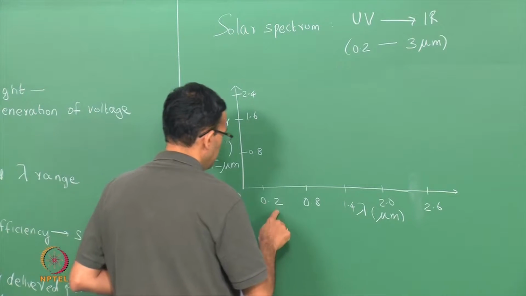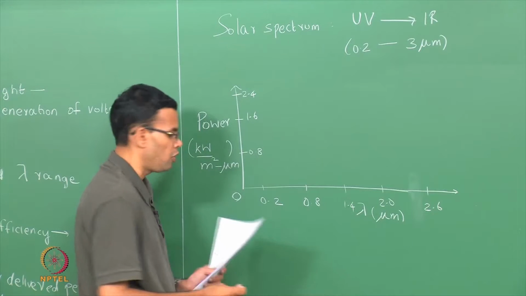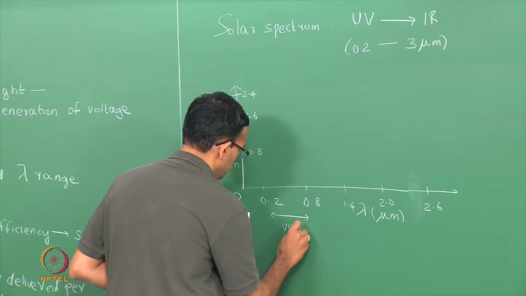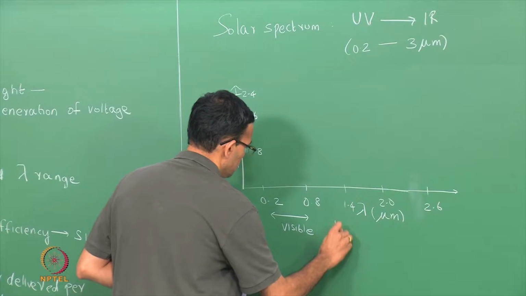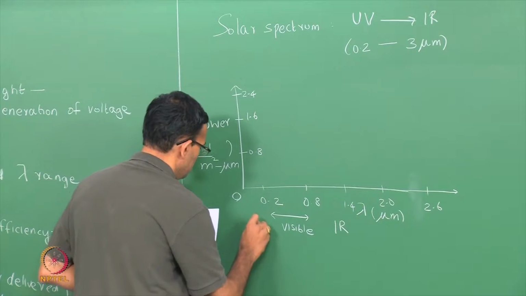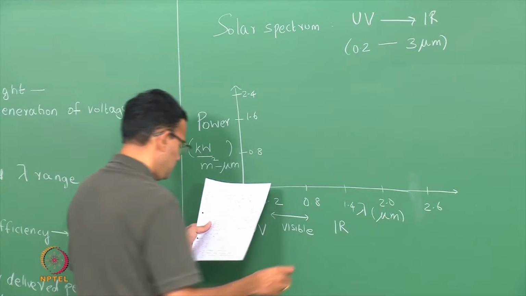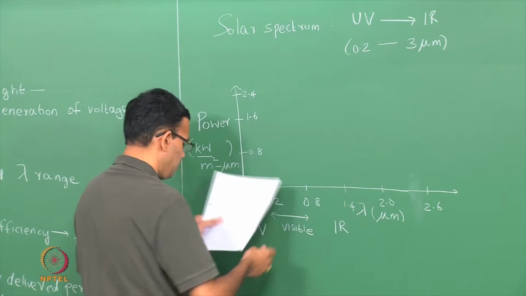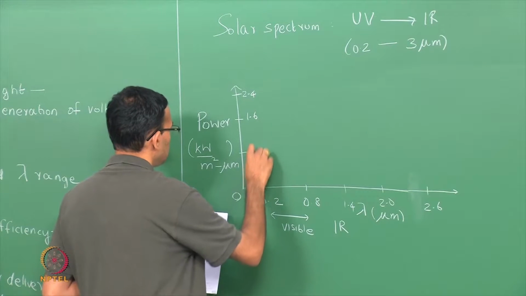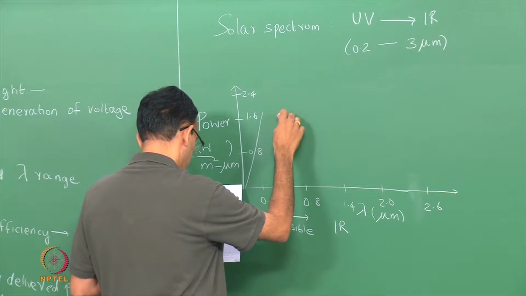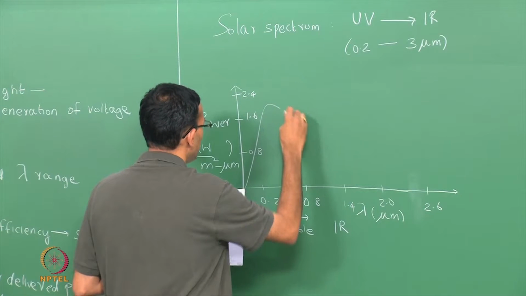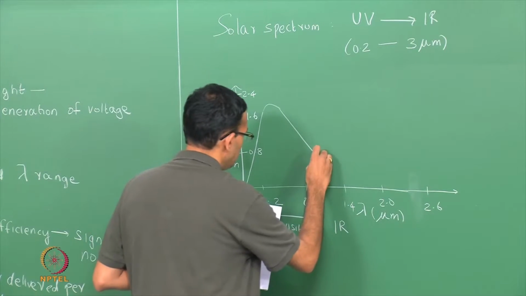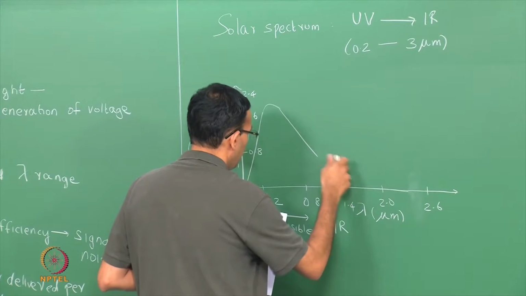So, the visible region lies somewhere between 0.2 and 0.8. This is visible, this is IR, this is UV. So, if you plot the power spectrum as a function of wavelength, we have a peak and then the intensity decreases at higher wavelengths.